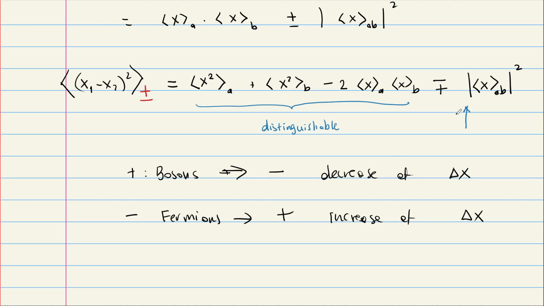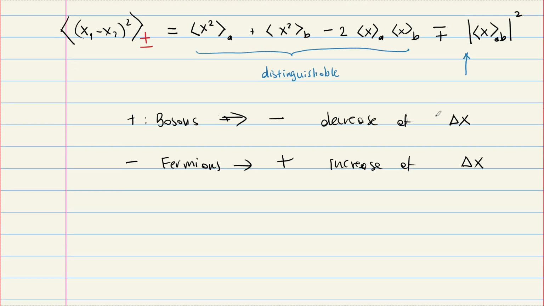If the distance between them is forced to increase because of this symmetry requirement, we can interpret it as a kind of force. And this force is repulsive or attractive depending on if you have bosons or fermions. And it's not a force at all, right? It's a geometric constraint on your system, but we call it exchange force.